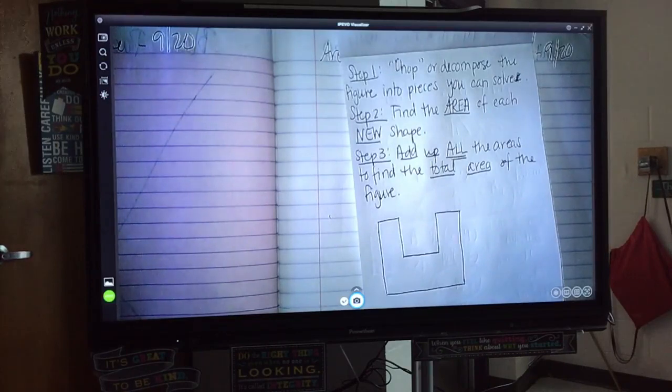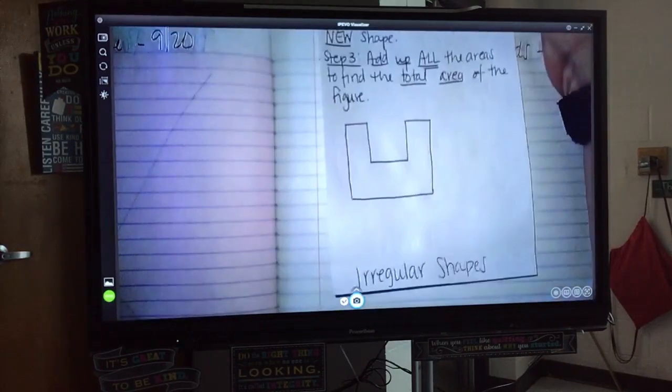How many of you guys enjoy doing surface area? How many of you guys have been exposed to surface area? What is surface area? Okay, that's fine. The reason I ask is because surface area is going to be very similar to irregular shapes.